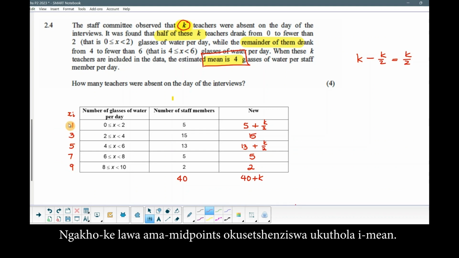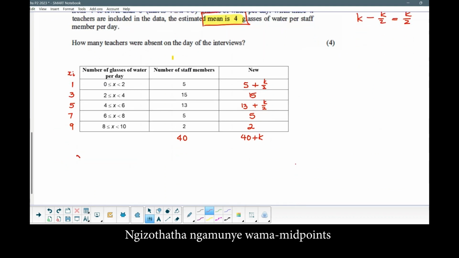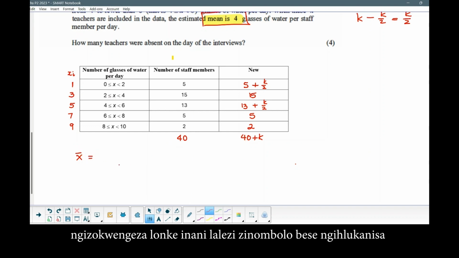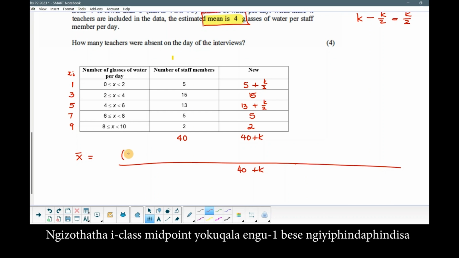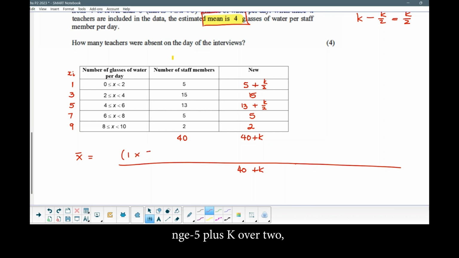To work out my average, I'm going to take each of these class midpoints, multiply it by my frequency, and add them to the next, and so on and so forth. So to find out my mean, I'm adding a whole lot of numbers together, and I'm dividing it by my total number, which in this case is 40 plus K. So let's start. First, I'm going to take my class midpoint of 1, and I'm multiplying it by 5 plus K over 2.